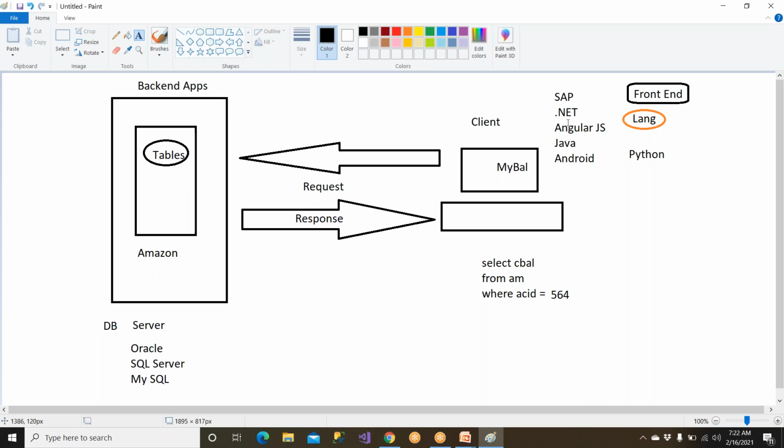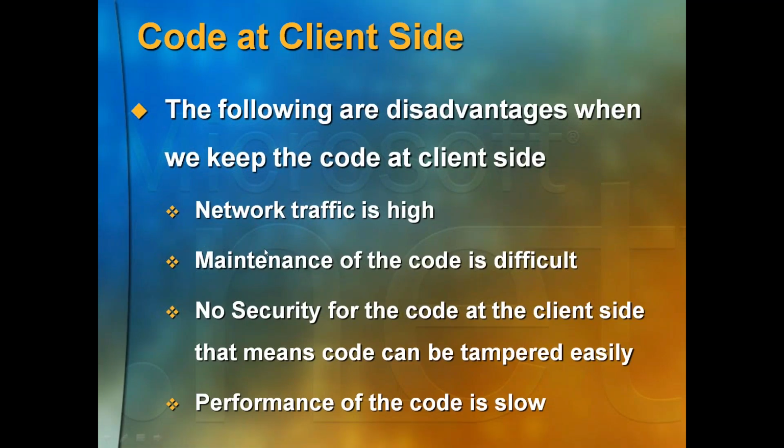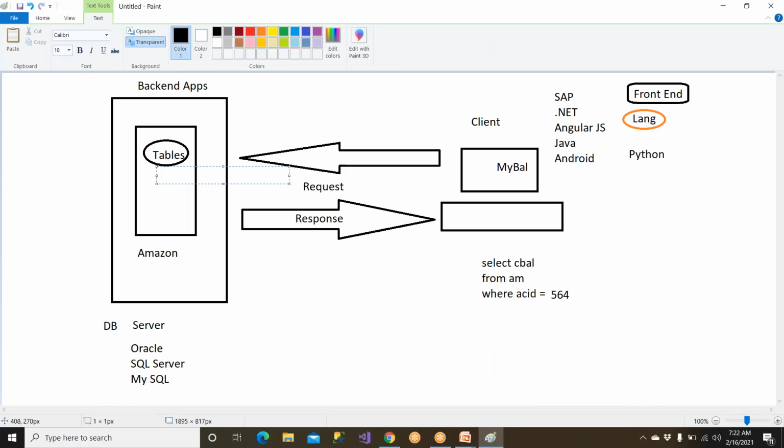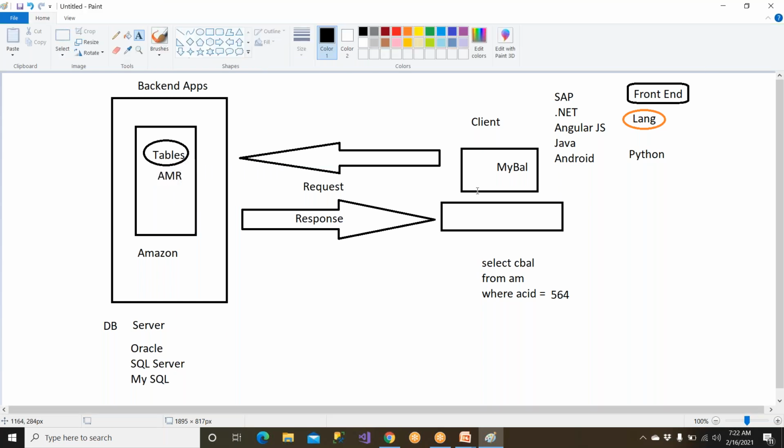So as part of Java, .NET, AngularJS, network traffic is too high, and maintenance of the code is very, very difficult. Tomorrow you change the table name. The table name was earlier account master. Now the table name has been changed, it is AMR table. When you change the table name, you have a lot of ATMs, and in all ATMs you have to reinstall the new applications, because the old application has the old name.